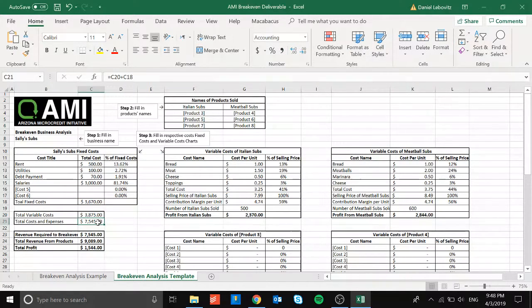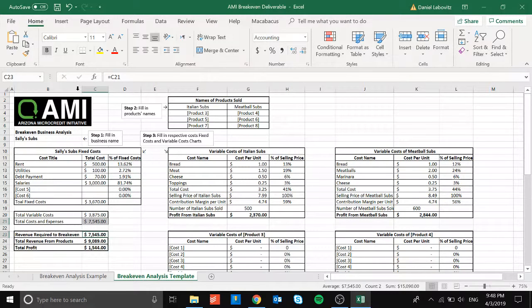This number, you can see, is the same as our required revenue to break even. So, as we said earlier, total costs and expenses is going to be our number that we are required to receive in revenue to break even. It's to cover our costs and expenses.